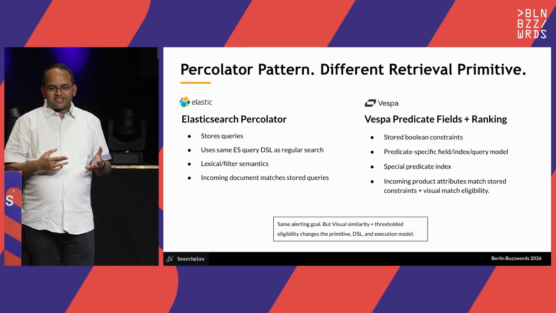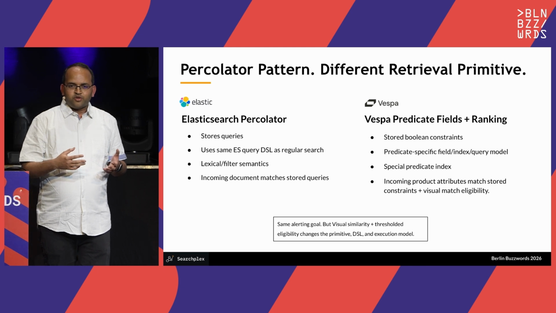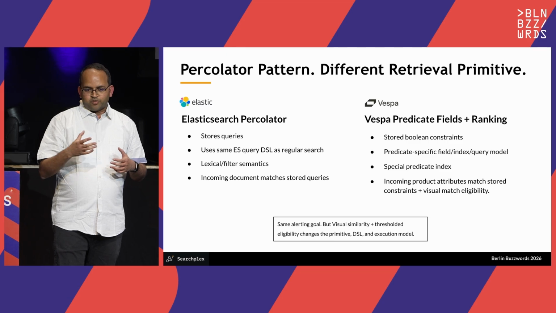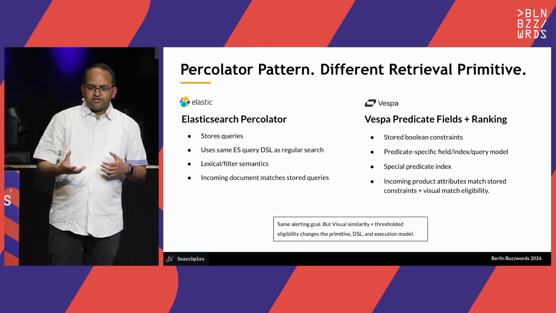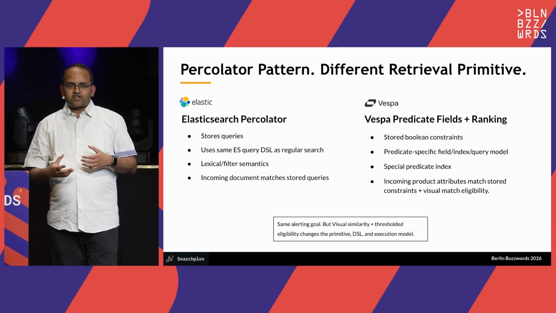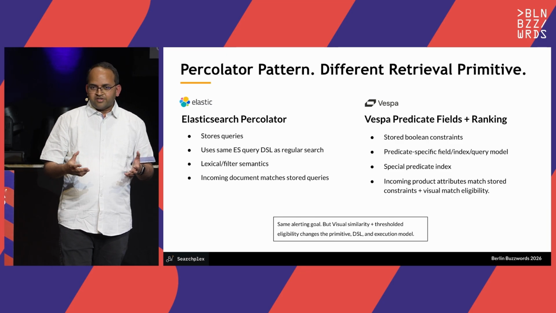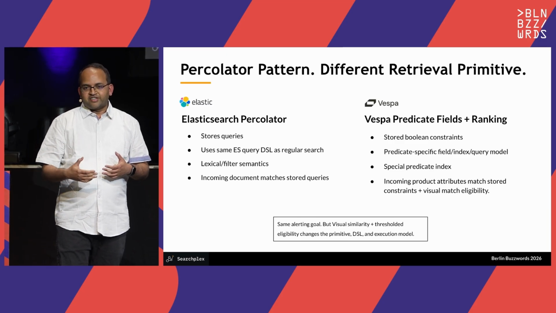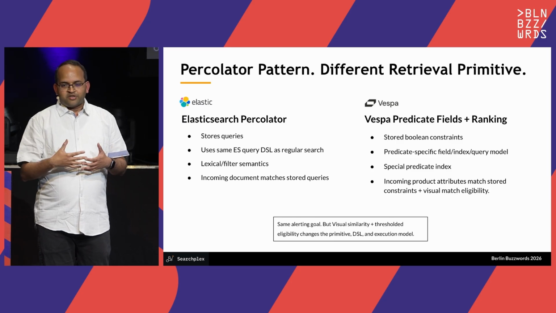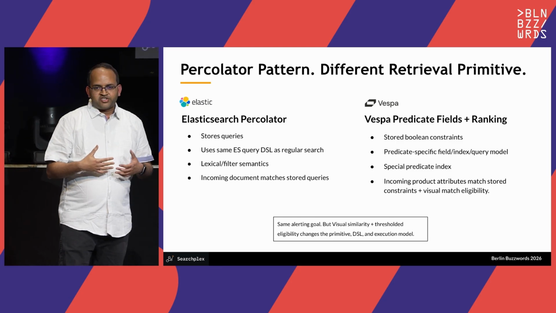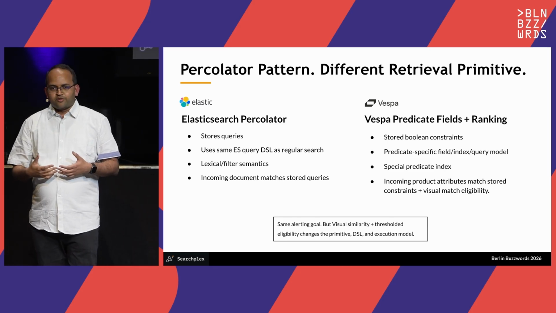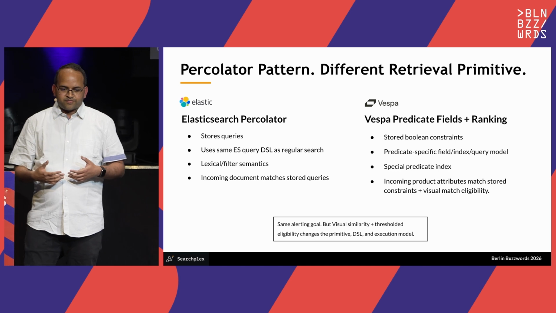But it has the capability to evaluate incoming products or anything based on Boolean constraints. By itself, the predicate field is not a vector solution, but it works very seamlessly with the ranking functionality that Vespa provides. So these two capabilities together can deliver a percolator kind of solution with vectors in the mix.